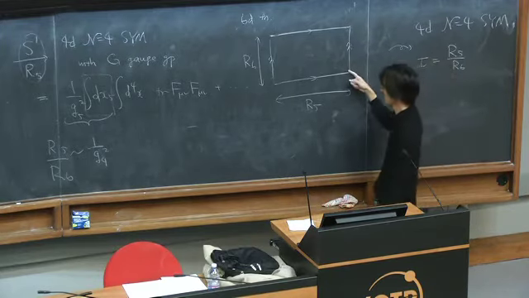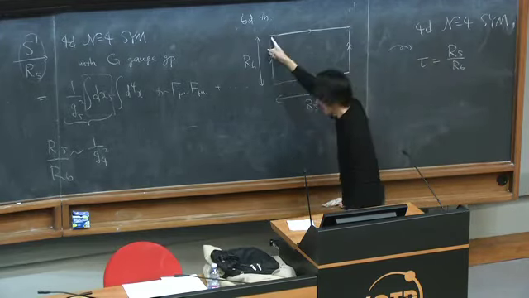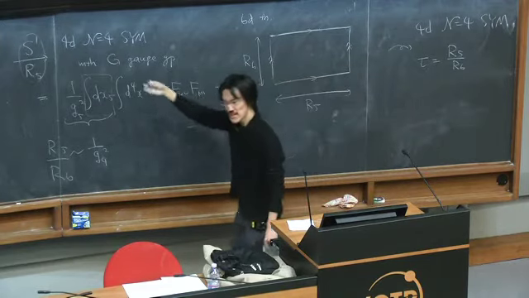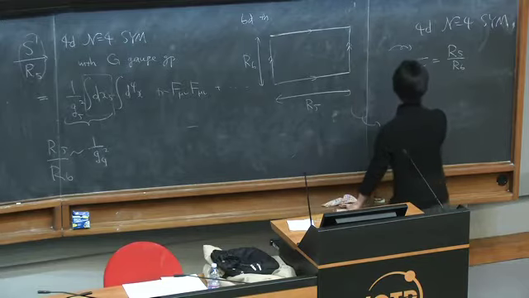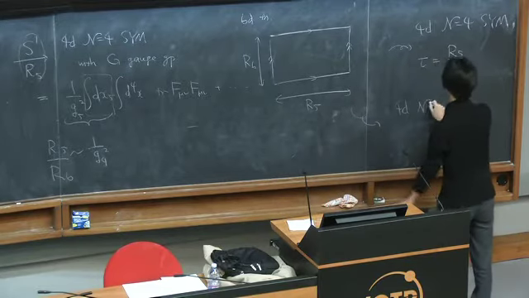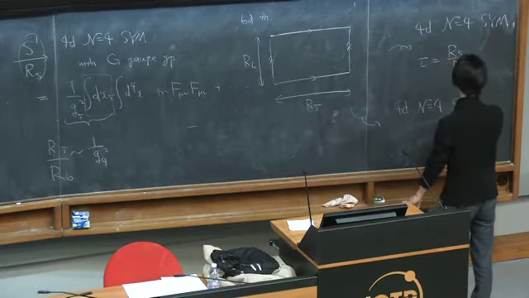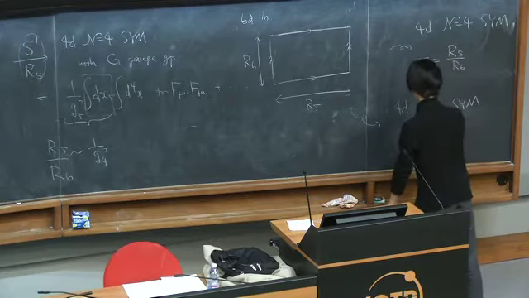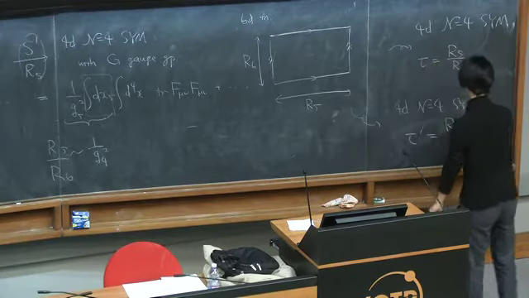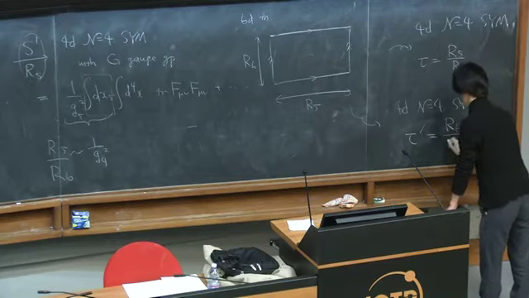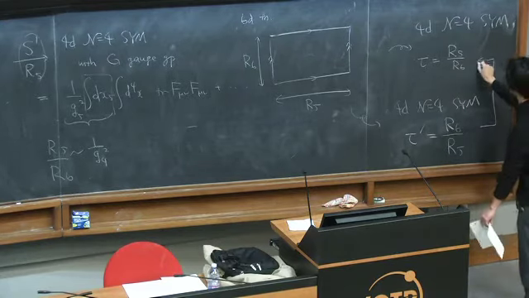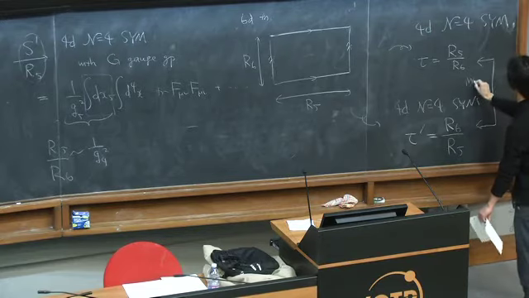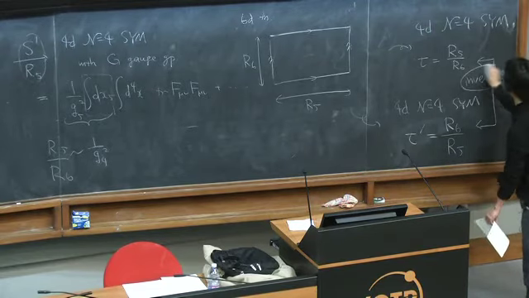So if you compactify first on R5 and then R6, you can repeat exactly the same argument and conclude that this is 4D N=4 super Yang-Mills with coupling which is, instead of R5 over R6, R6 over R5. So these two coupling constants are inverse to each other.